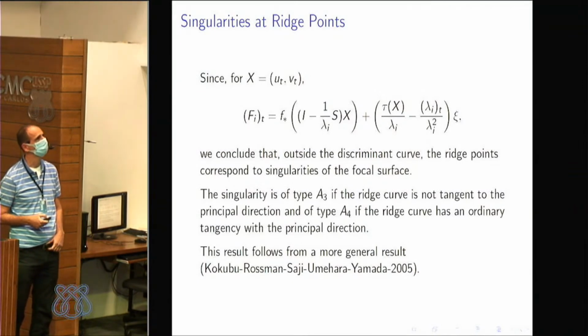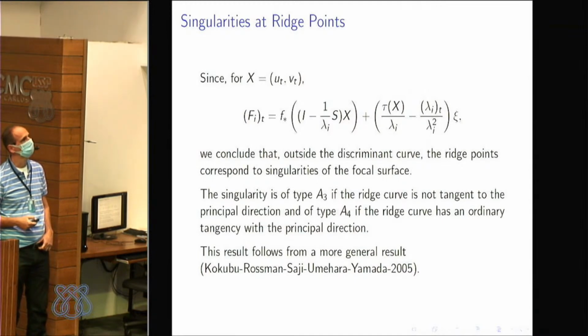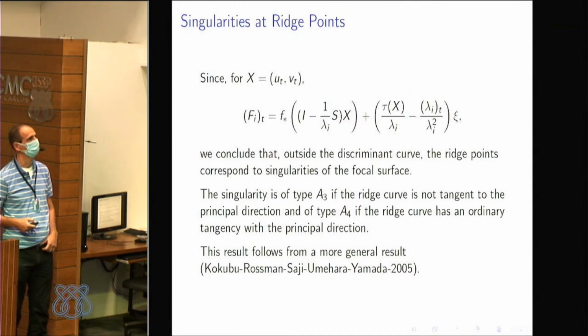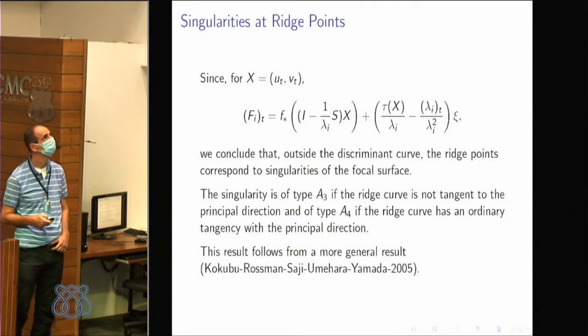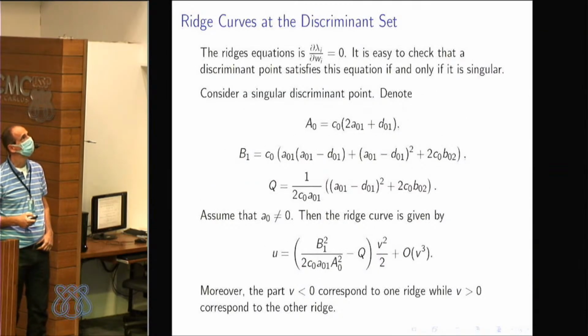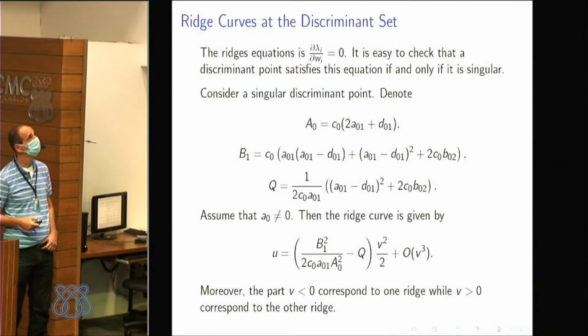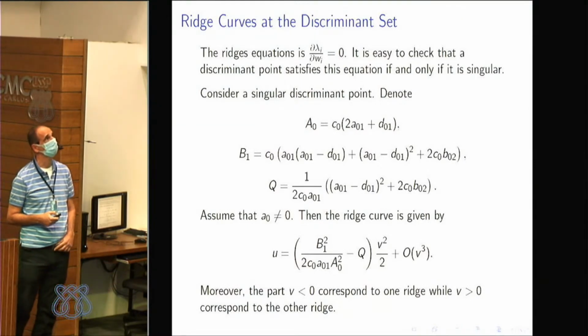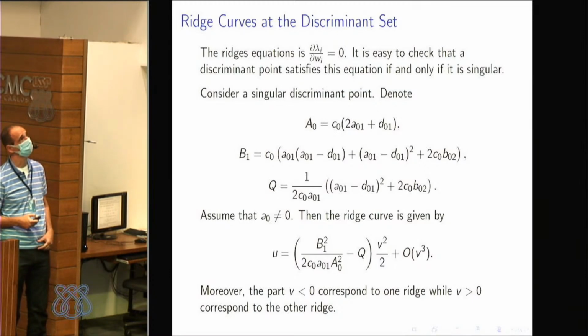This result is a corollary of a much more general result, which is by these authors here. Now we are interested in looking at what happens with the ridge curve at the discriminant set.